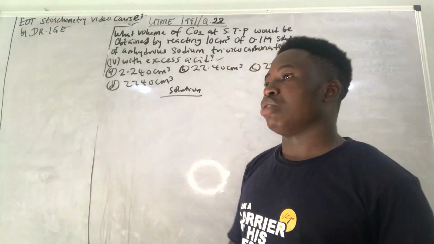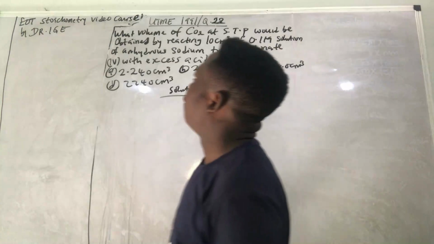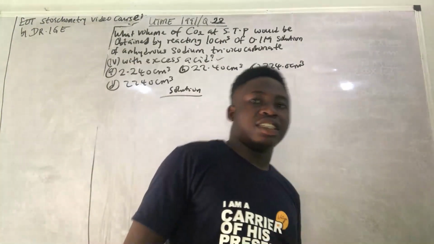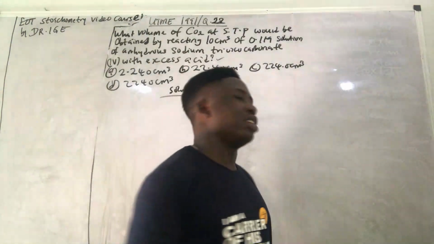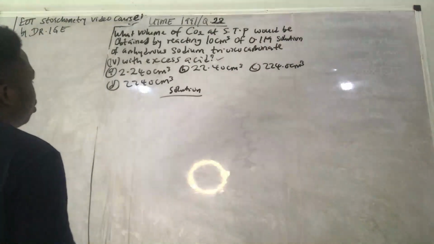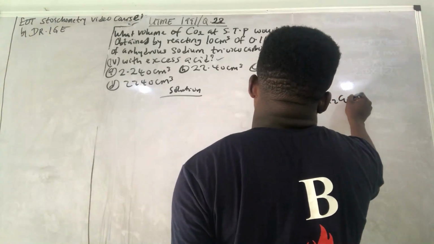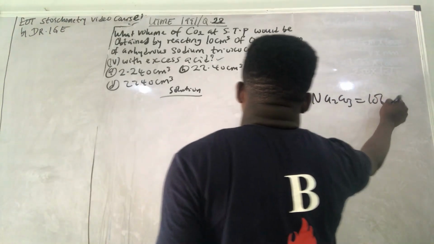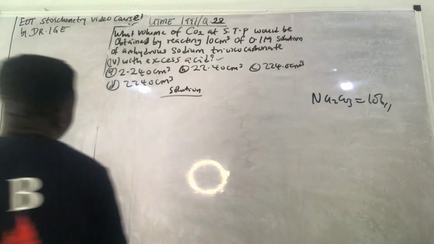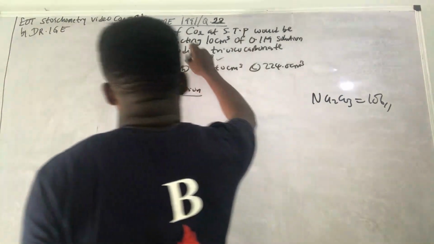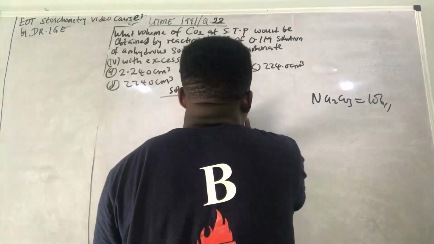So in this case, we assume that we produce 1 mole of gas and we are reacting 1 mole of anhydrous sodium carbonate, which is Na2CO3, with a molar mass of 106. So we already assume that the number of moles will be equal.